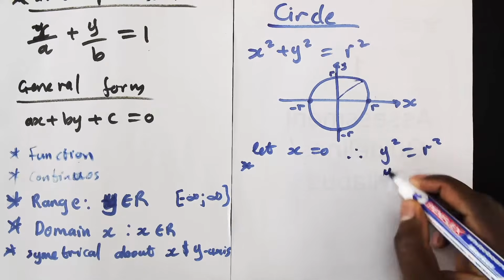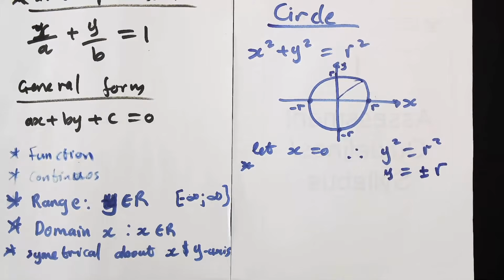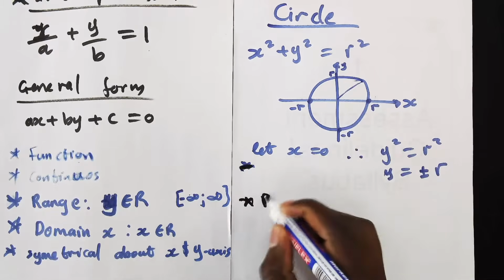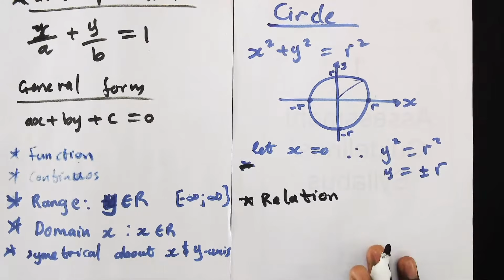Taking the square root, you have plus or minus r, so you get two solutions of y. One is positive, the other is negative. So it's a relation graph because it produces two values of y for one x value.